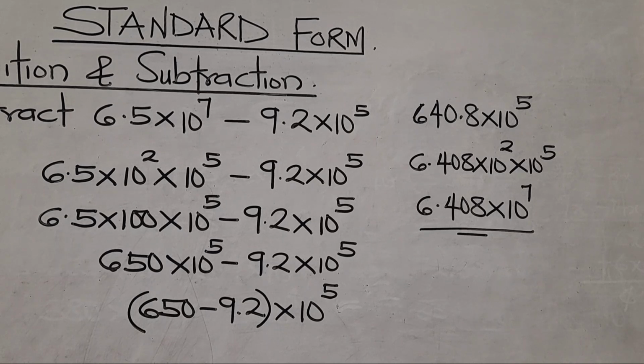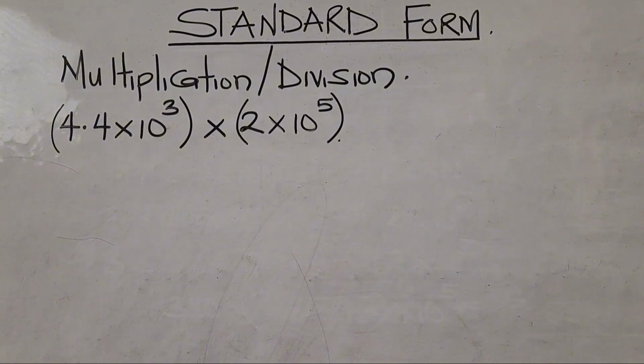Okay, this is for addition and subtraction. Let's go over to the next part. Now let's see that of multiplication and division. First, we have this for multiplication: to multiply 4.4 times 10 to the power 3 times 2 times 10 to the power 5.